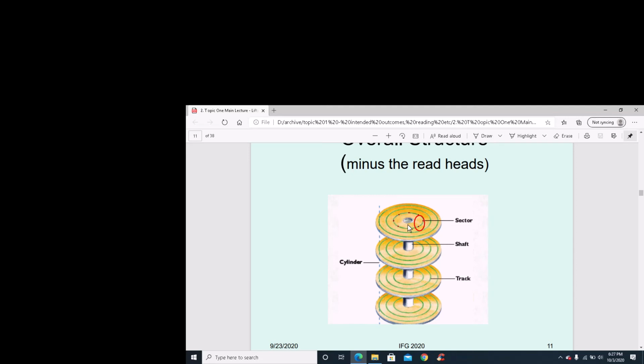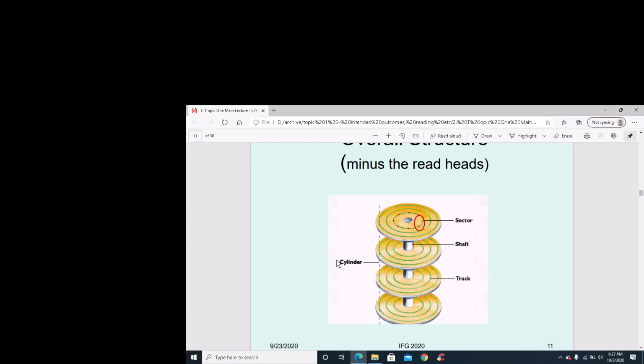So this central object is called the shaft, and it's the means by which each of these four platters are revolved at high speed.